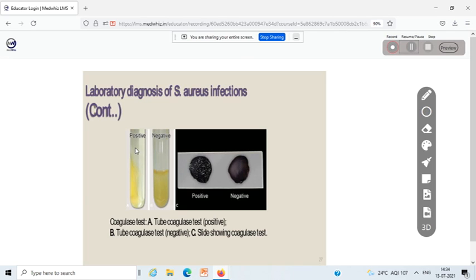So what you have to mix here is distilled water, plasma, and the colony growth. Within 2 minutes, you can see clots forming, or the coagulum.